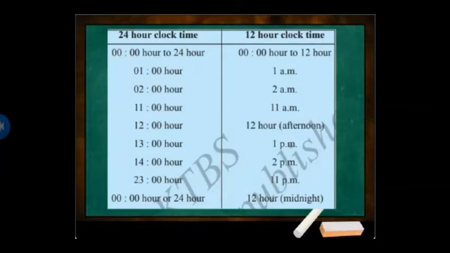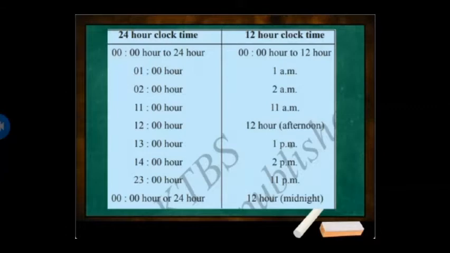Then in the afternoon it is 12 hours. We don't say AM or PM, we say 12 hours. Then after 12 we have 1 o'clock, 2 o'clock, so we say PM, that is post meridian, till 11 PM. Then at midnight we say it is 12 hours, or we call it midnight.